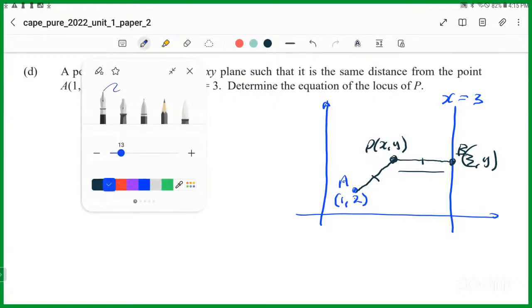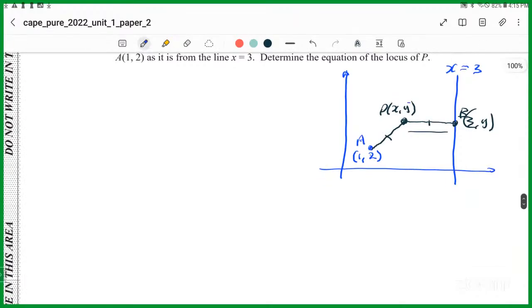So it means then that the distance AP is equal to the distance BP. Now AP is the distance between these 2 points. Same formula again.